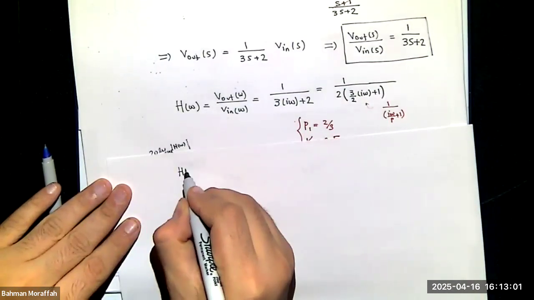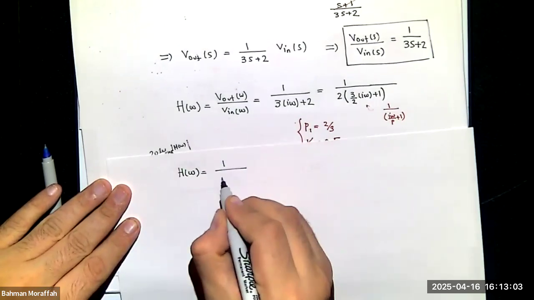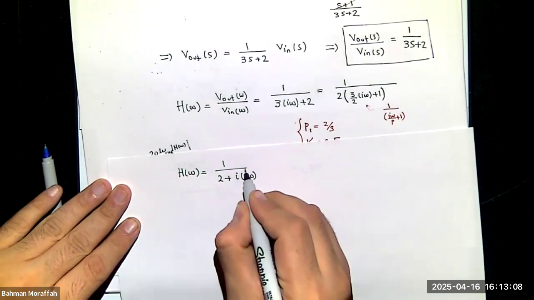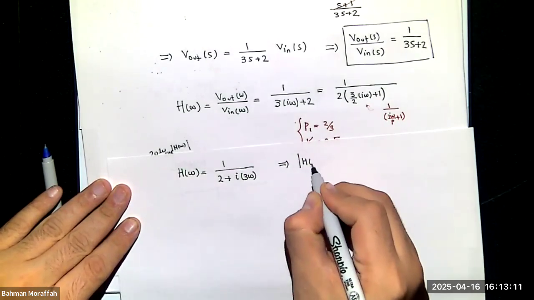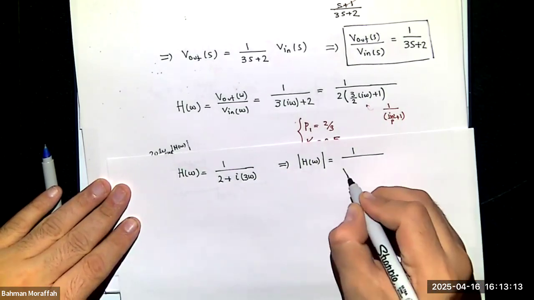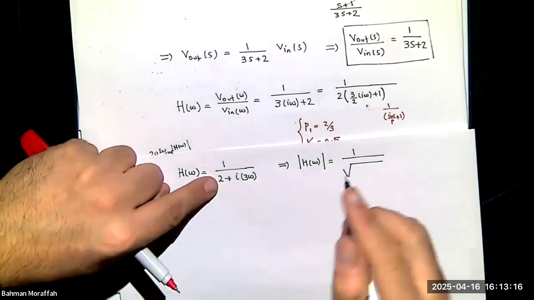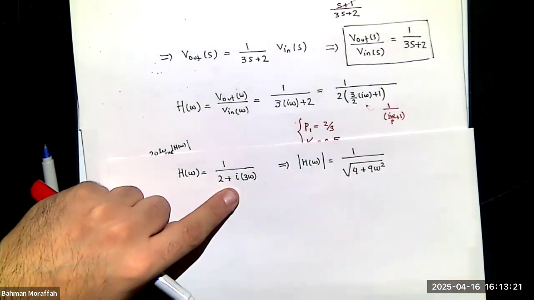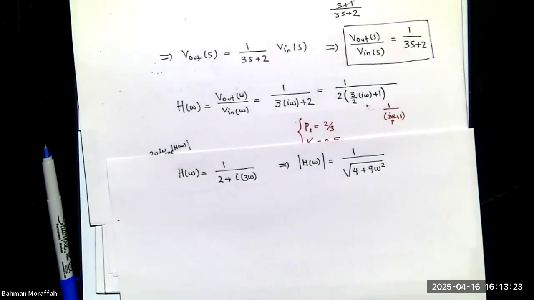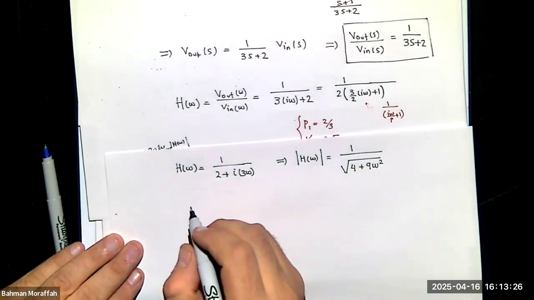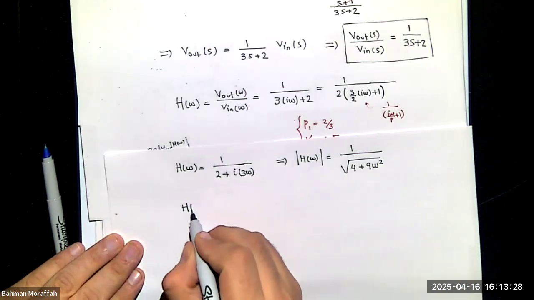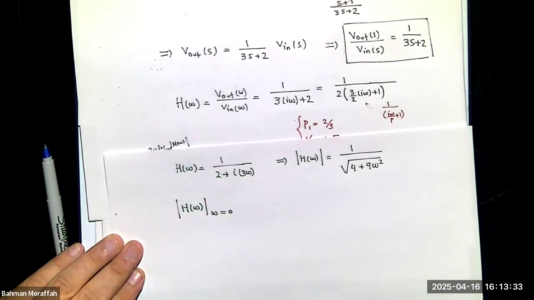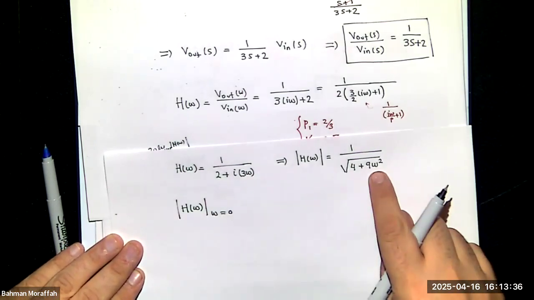So H of omega is 1 over (2 plus j 3 omega). If I look at the magnitude of H of omega, it is 1 over the square root of the real part squared, so 4, plus 9 omega squared. Right? So what is H of omega when omega is 0? I have to put omega as 0, right?